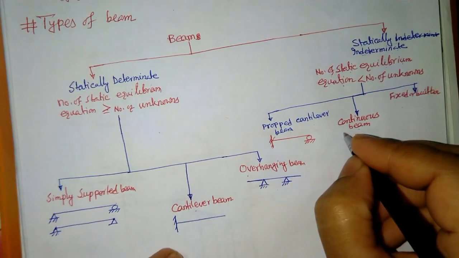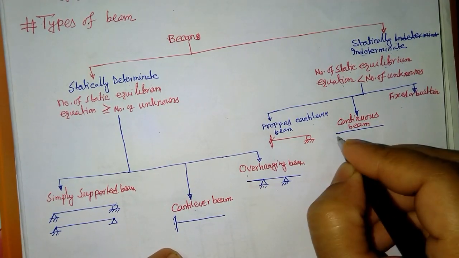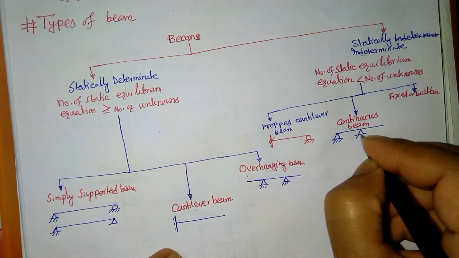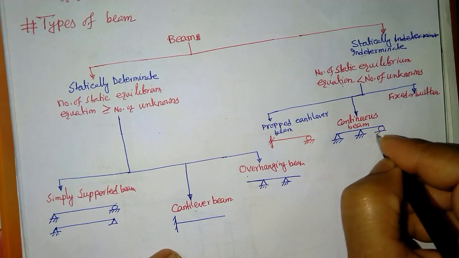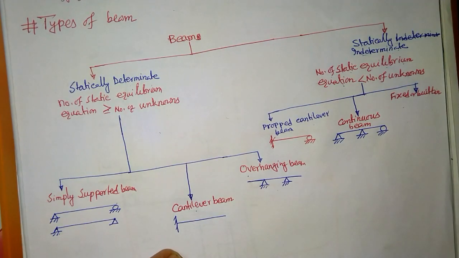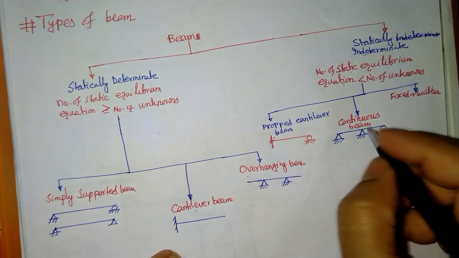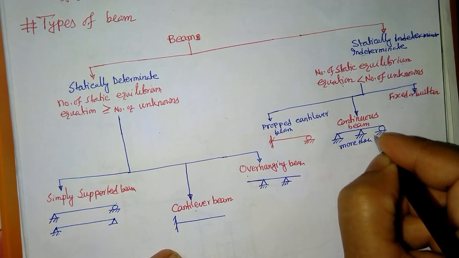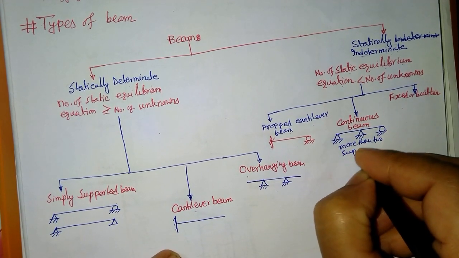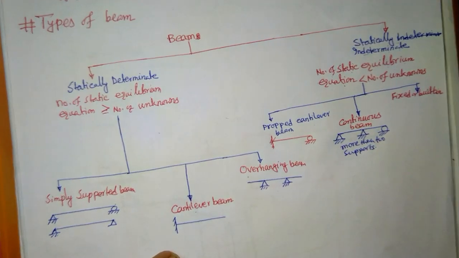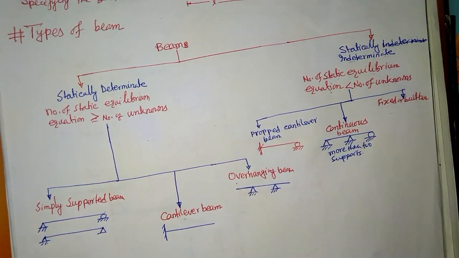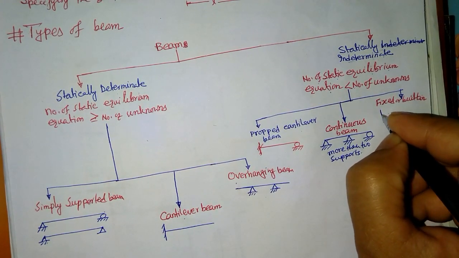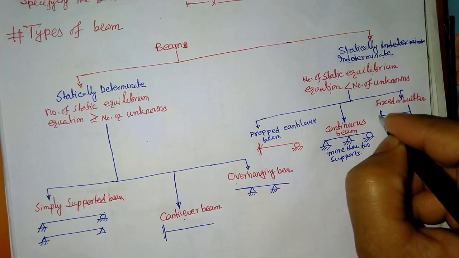A continuous beam means there are more than two supports. If more than two supports are there, then we call this a continuous beam. Then we have fixed or built-in beams.